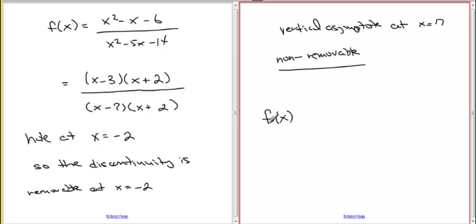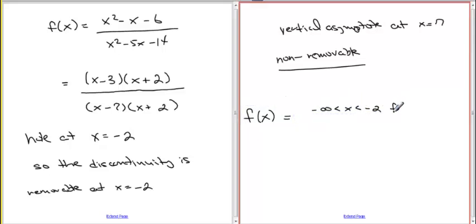So what you would say is f of x equals, from negative infinity to wherever the removable discontinuity is, which would be negative 2. Move this over a little bit, give you some space.